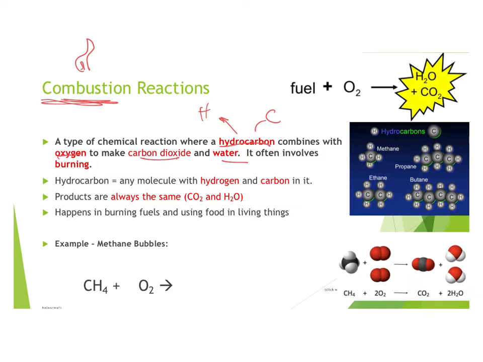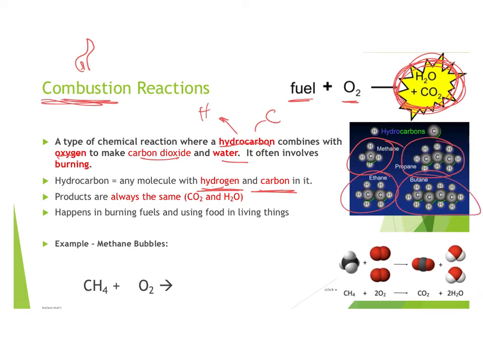In other words, we've got some kind of fuel, we combine that with oxygen, and what we get out on the other side is always water and carbon dioxide. As I just said, a hydrocarbon is any molecule with hydrogen and carbon in it. Here are some examples: methane, propane, ethane, butane. They're all made of carbons and hydrogens.